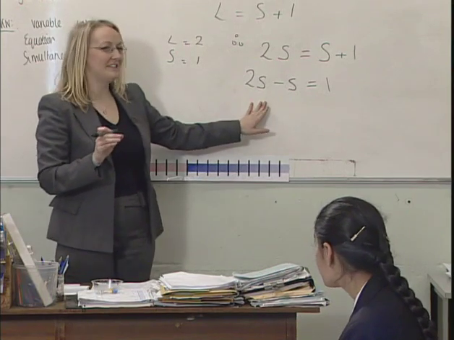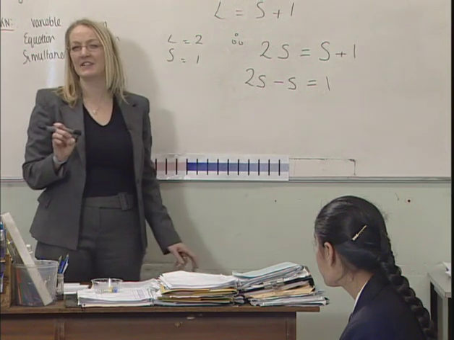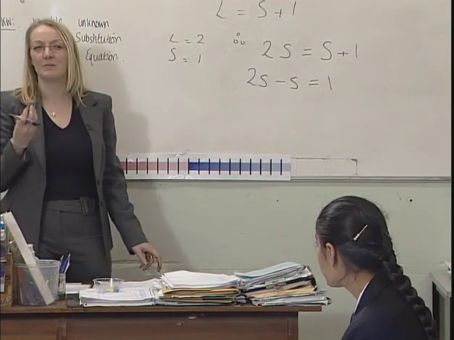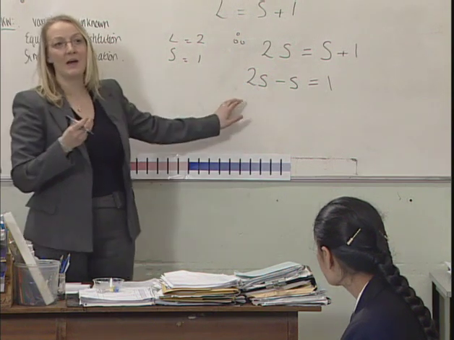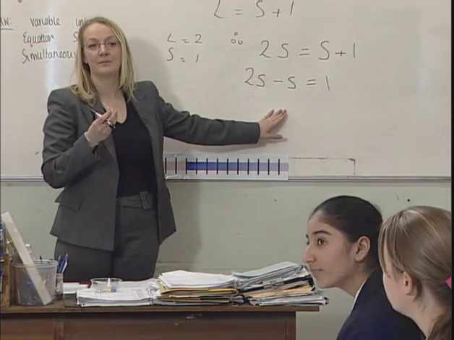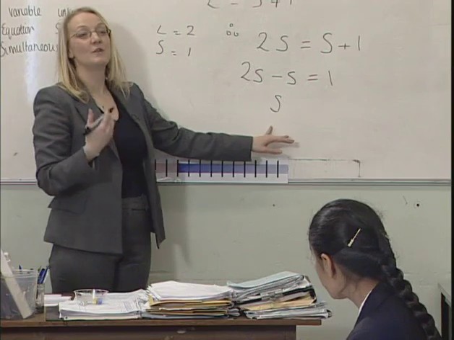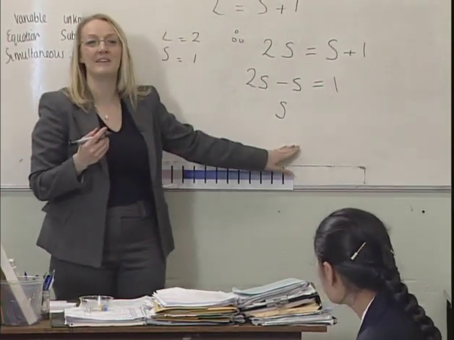All right, now let's think. If I've got 2S and I subtract S, what am I actually going to come up with? What's my result going to be? 2S subtract S. Would it be S on its own? Excellent. S or 1S. Could anyone complete the equation for me then?